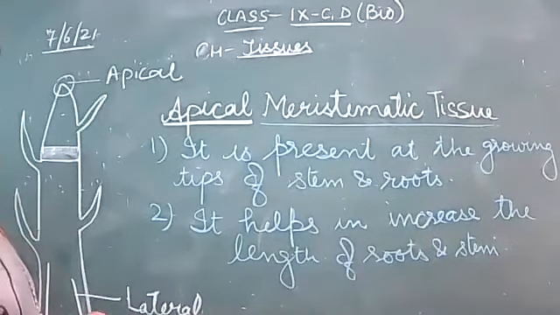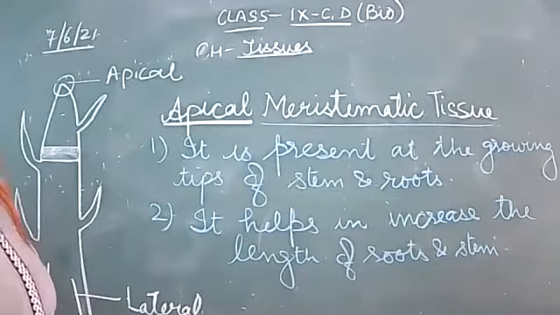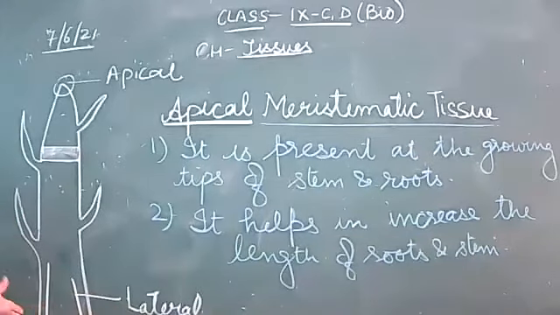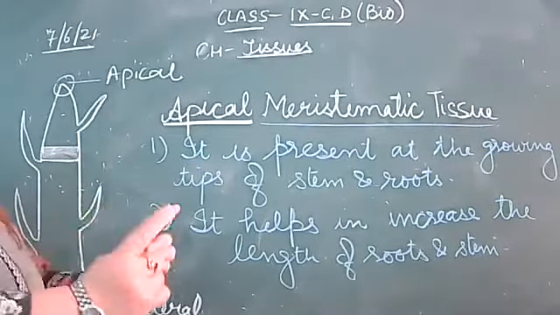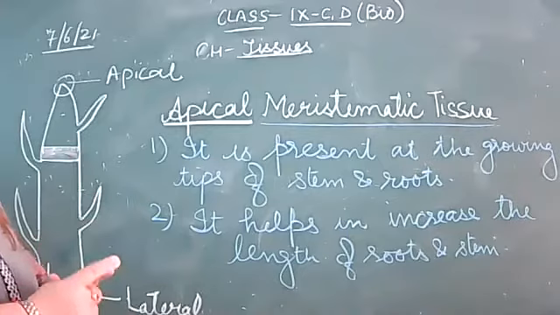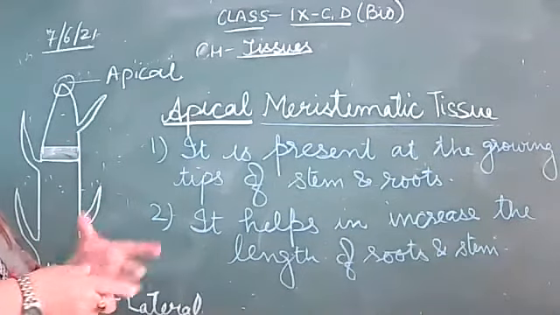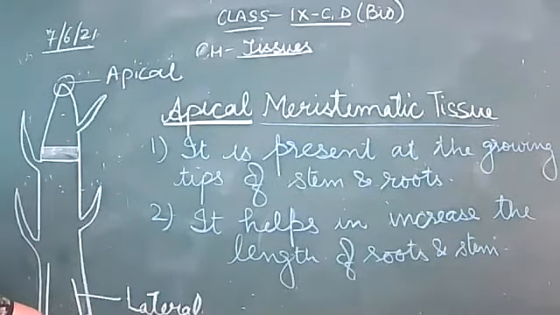Right? Now, lateral meristematic tissue, where are these present? All of you can see the lateral meristematic tissues at the girth. That means the diameter. It will increase the diameter, or you can say the circumference of the plant, right? So it is present here.